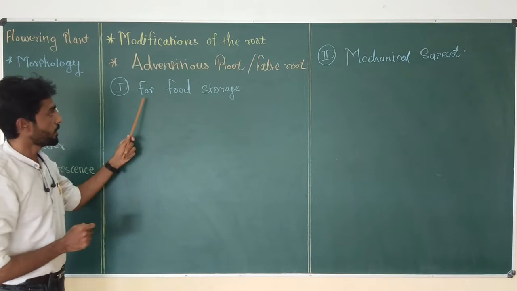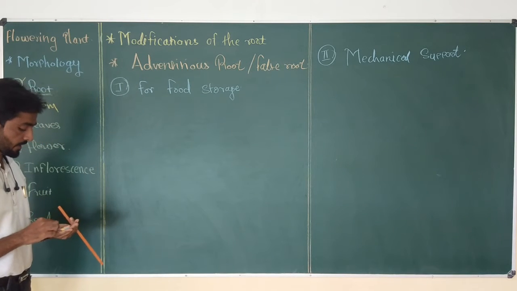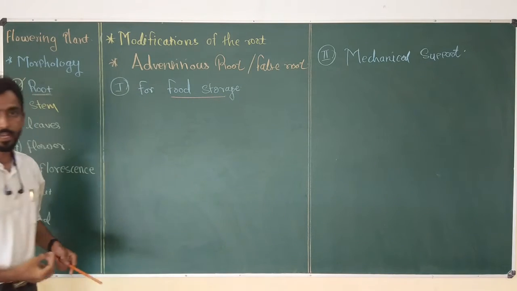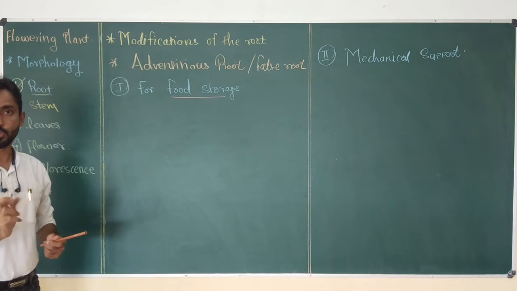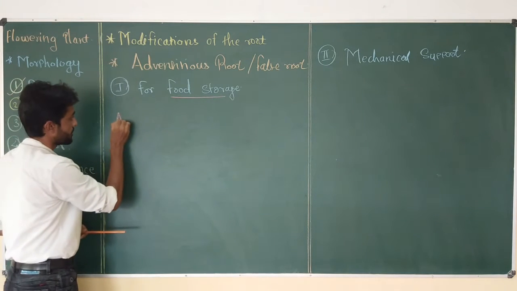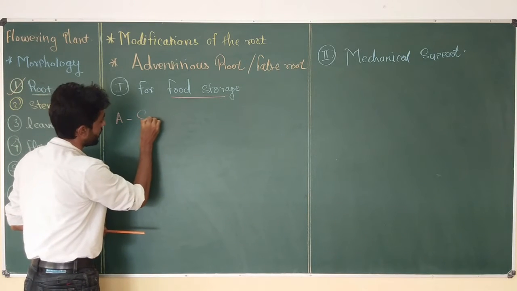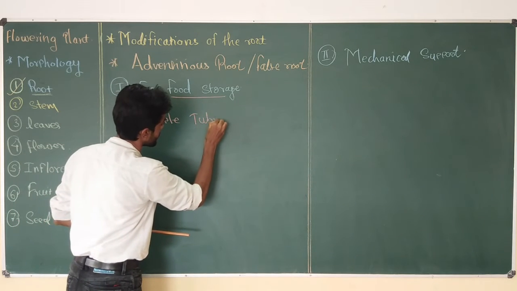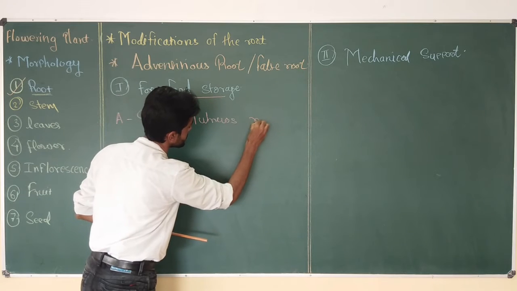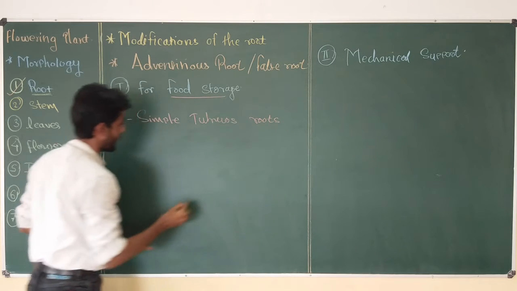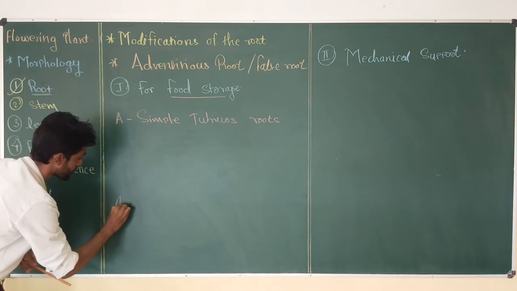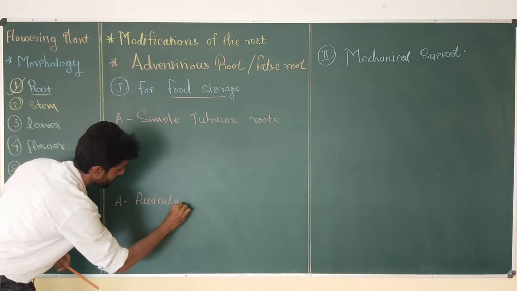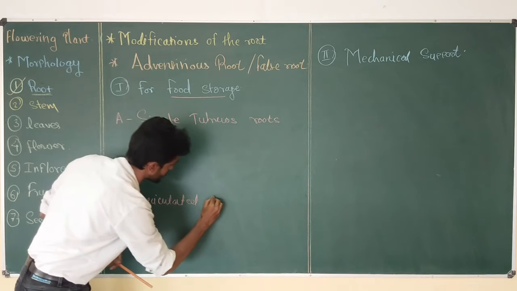When we consider modifications of the adventitious root system for food storage, we can classify the roots into two different types: simple tuberous roots and fasciculated tuberous roots.